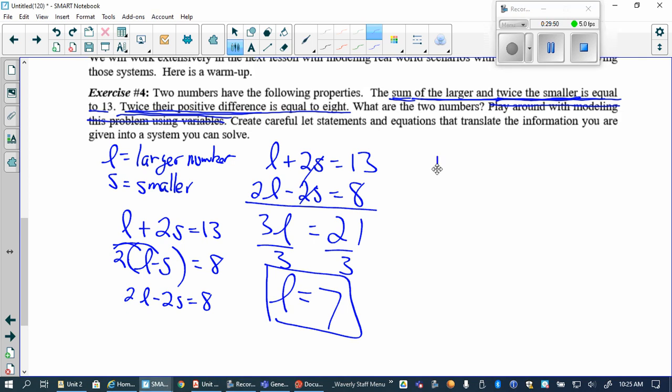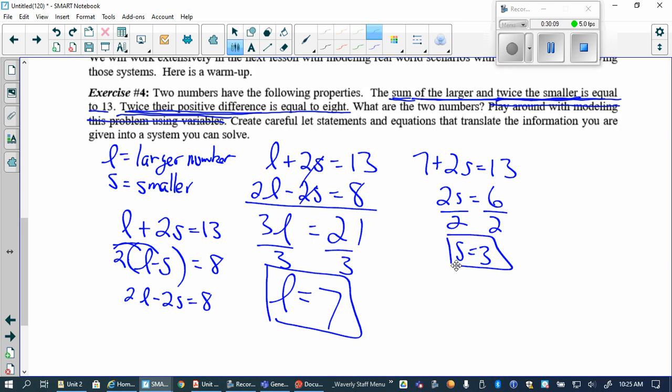So 7 plus 2S equals 13. So subtract 7, 6, divide by 2. So the numbers are 7 and 3. Does that make sense? Just think of it: the sum of the larger and twice the smaller.